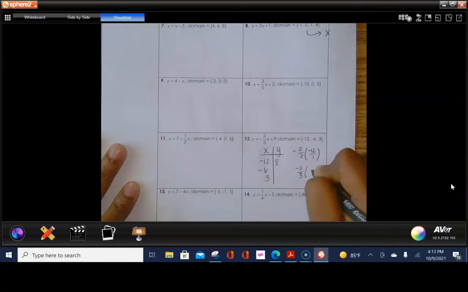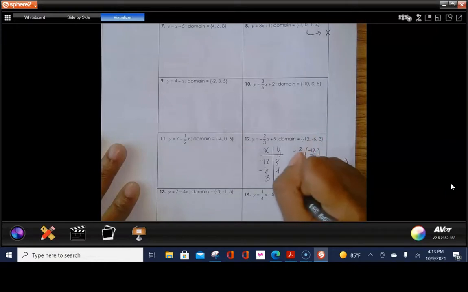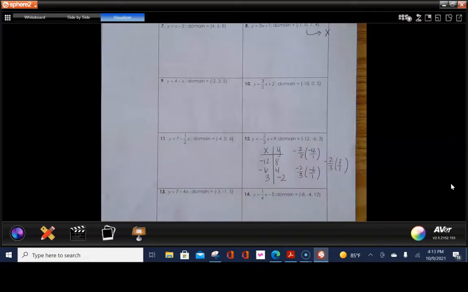And then I'm going to put negative 6 over 1. And this is positive 12 over 3, which is 4. And last one, negative 2/3 times 3 over 1. Negative 6 divided by 3 is negative 2. So that's all I want for number 12, which gives you the respective range values, the y's.